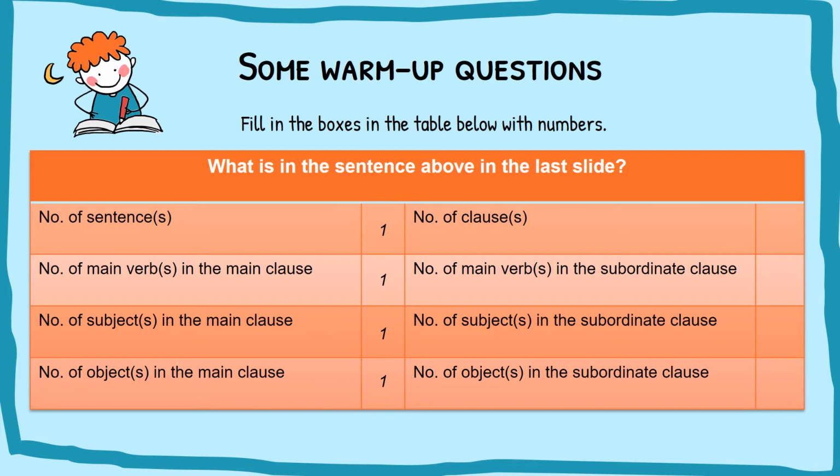In the subordinate clause, we have one main verb, one subject, and one object. So naturally, you should get the correct answer of the last box very, very easily. We have two clauses in this new sentence.